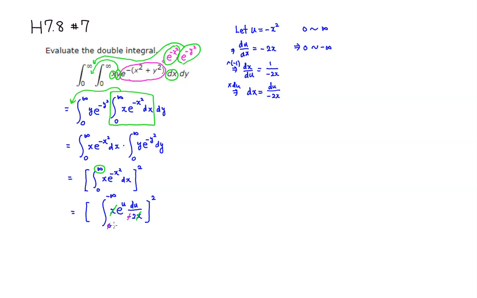Then we can put the negative infinity on the bottom and the positive infinity on top. Then there's still a constant 1 over 2. The 1/2 is just a constant, so we can kick it outside here.